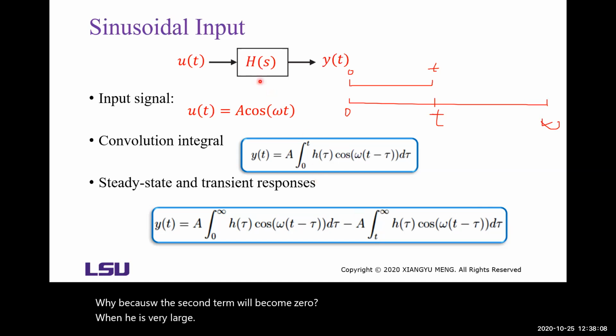This is because when the system is stable, the impulse response will decay to 0 when t is very large. Therefore, the second term is called transient response. Then the first term is steady state response.